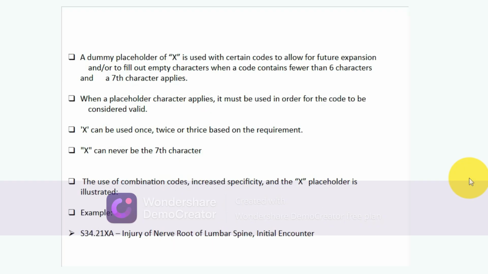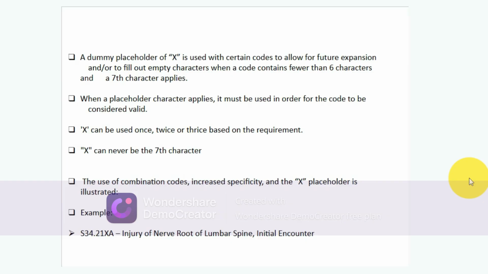A dummy placeholder X is used with certain codes to allow for further future expansion and to fill the empty characters when the code contains fewer than 7 characters. When a placeholder character applies, it must be used in order for the code to be considered valid.